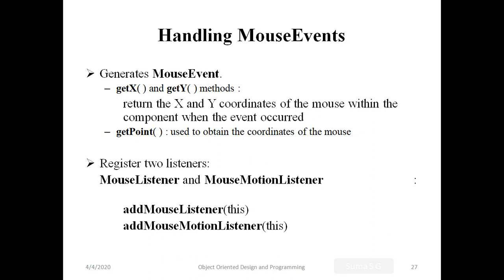You have to register two listeners for handling mouse events, and you have to implement all the methods present in both the listeners. Only then can you handle mouse events. So you have to add the mouse motion listener and add the mouse listener in your program to receive mouse events.